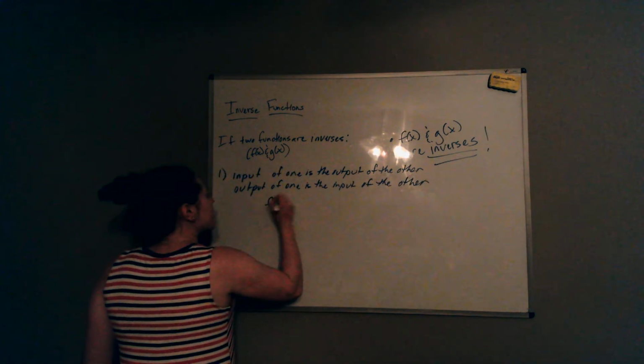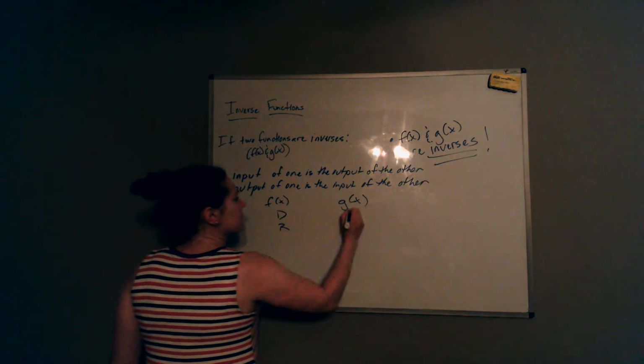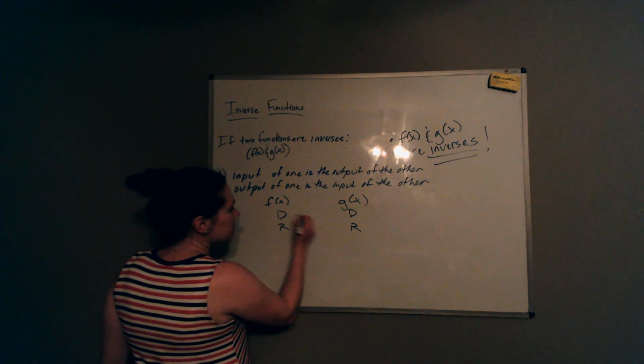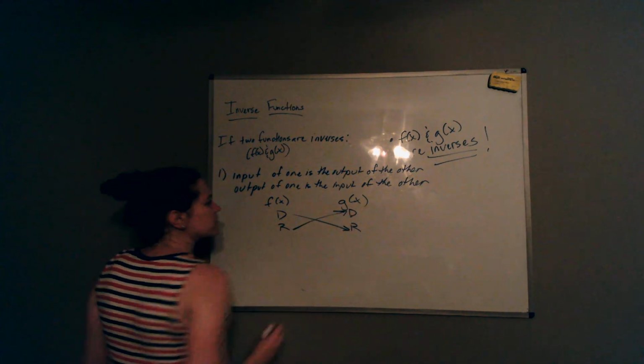So if you have function f of x and you have function g of x, whatever is the domain of f of x becomes the range of g of x, and whatever is the range of f of x becomes the domain of g of x.